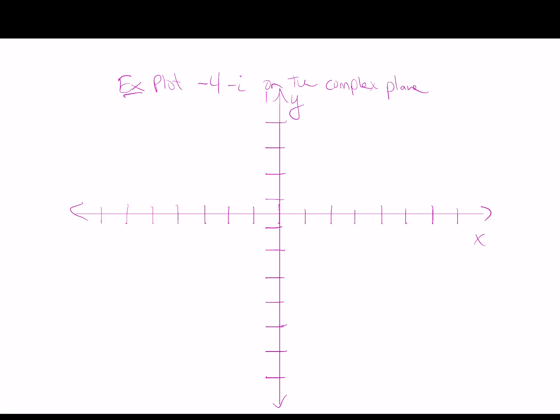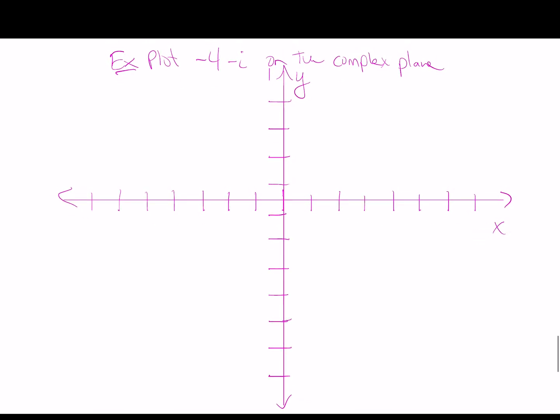Let's do another example. Let's plot -4 minus i on the complex plane. In this example, we need to first identify the real and imaginary parts. So -4 minus i, our real part a is -4, and our imaginary part b is -1. So the ordered pair that we need to plot is (-4, -1).